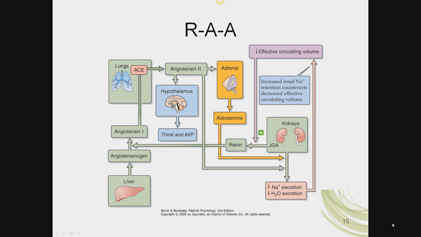So aldosterone will target the principal cells, and they will in turn reabsorb more sodium and water. More sodium and water reabsorption will lead to more blood volume and more blood pressure, thus restoring an increase in effective circulating volume.